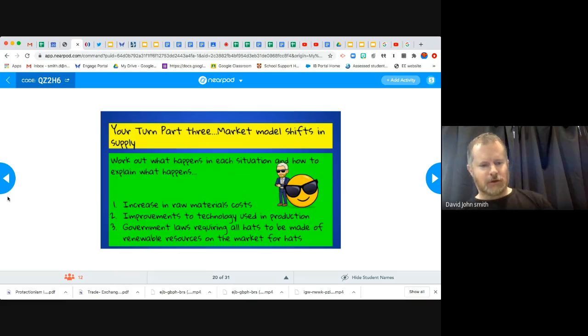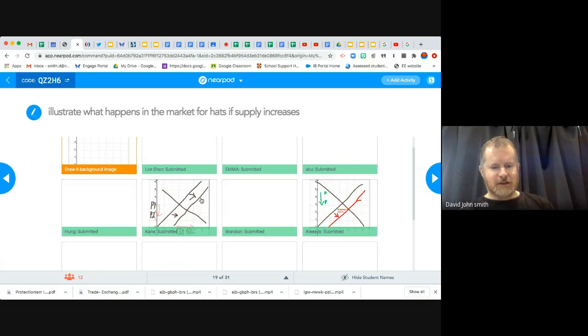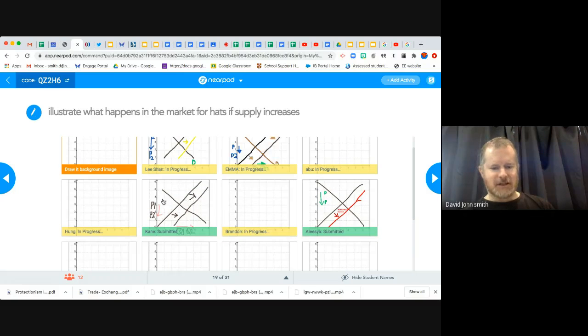If you have a look at your diagrams that you expertly drew, imagine in your head or even on a scrap piece of paper if you've got one nearby, imagine the supply curve decreasing, moving towards the zero.